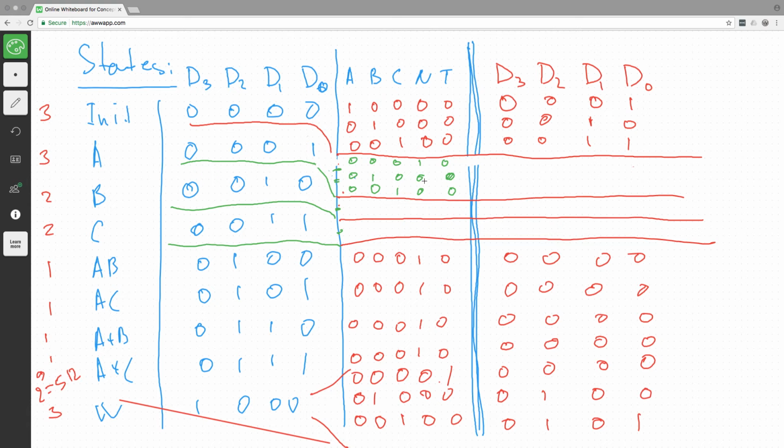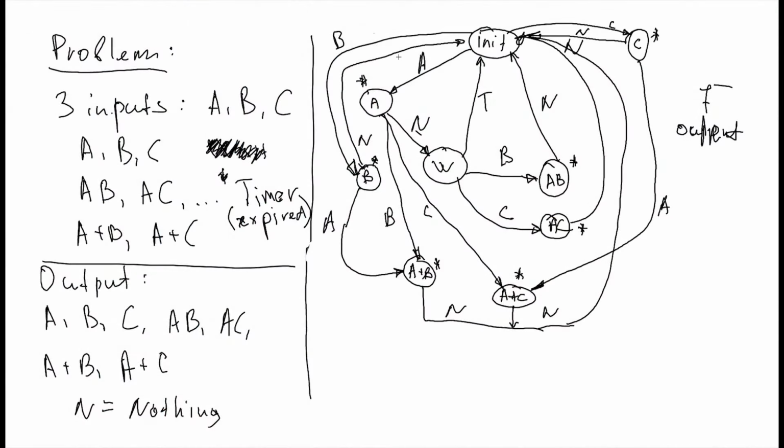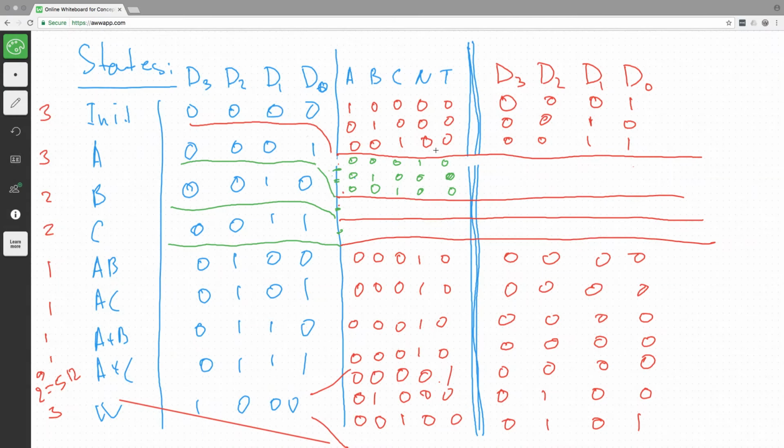Okay, so when N comes in after A, we go to state W. State W is 1, 0, 0, 0. When B comes after A, we go to AB, which is 0, 1, 0, 0.